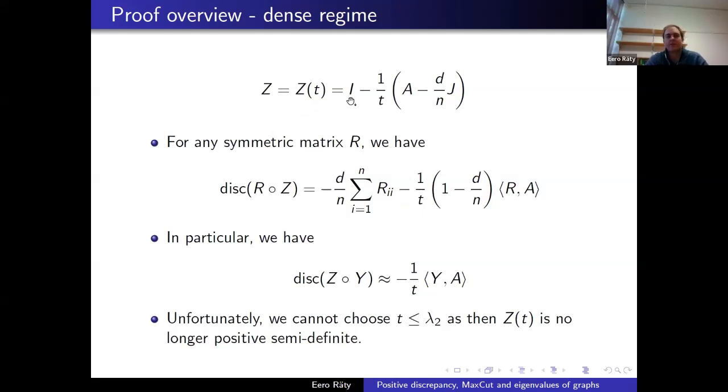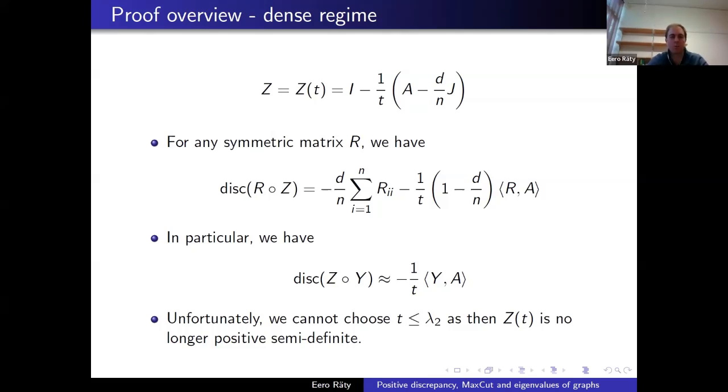So for this matrix, which is the identity matrix minus 1 over t times A, and then we add a suitable multiple of J to cancel the sum. It's true that for any matrix R, the discrepancy is the sum of the diagonal entries, which is small, minus the inner product of R and A, which is essentially the discrepancy.